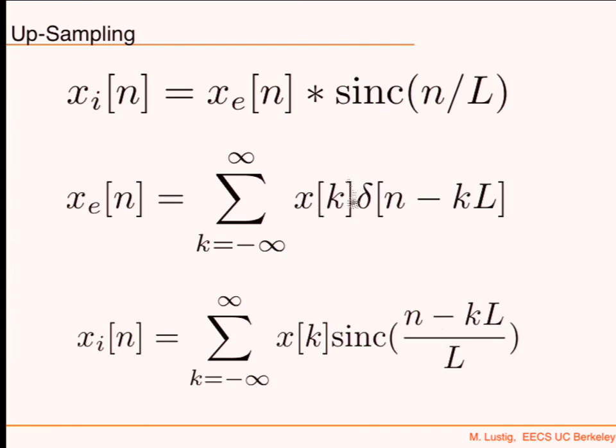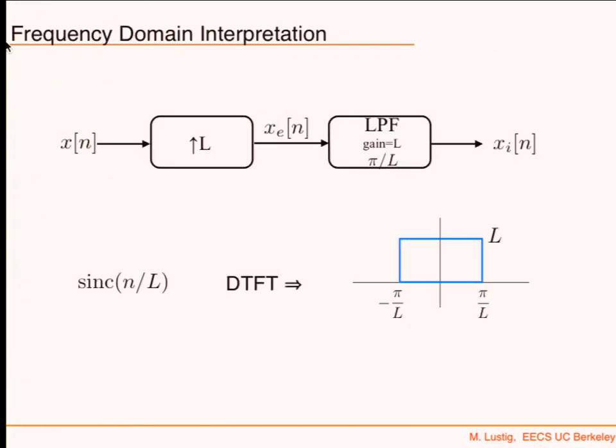Okay, when you just substitute this with a multiplying by a sinc. And so the frequency domain interpretation of it is that you first take x of n and you put it through an expander of a factor of L. Then that gives you x sub e of n.